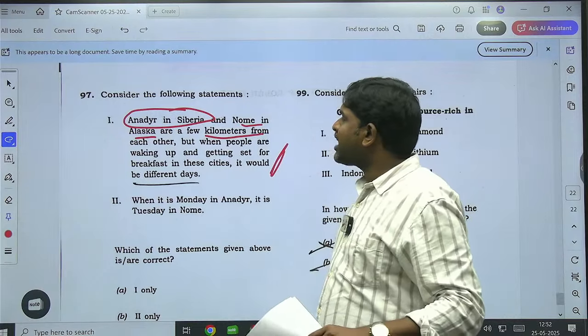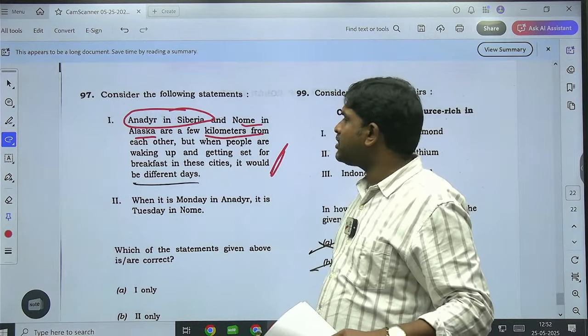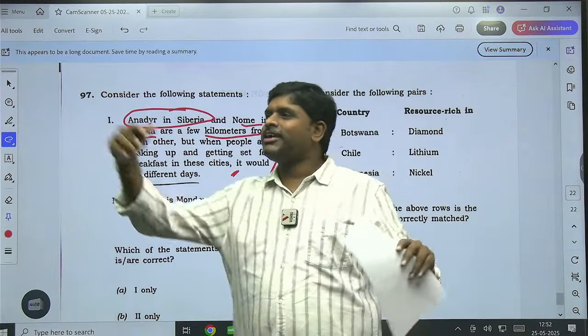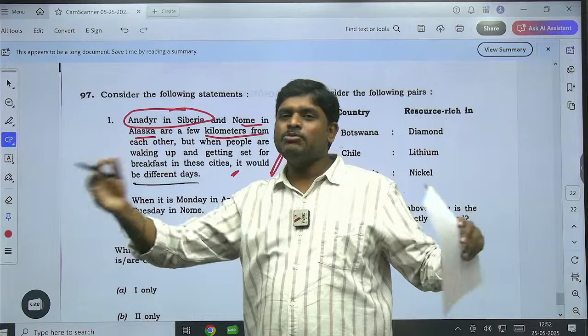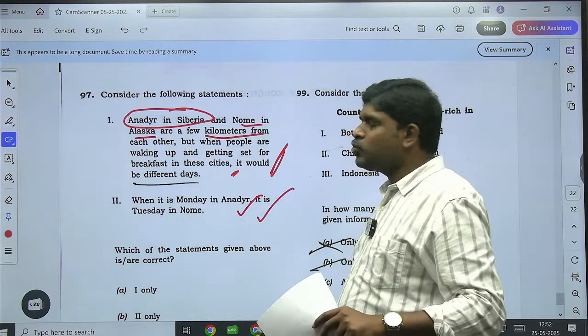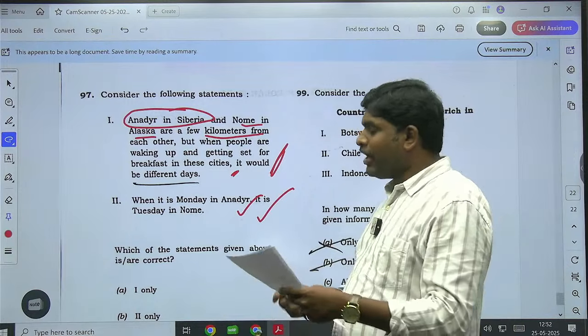But when people are waking up and getting set for breakfast in the cities, it would be different days. That would be because of time zones. So when it is Monday in Andhra, it is Tuesday in Nome. Which of the following statements are correct?